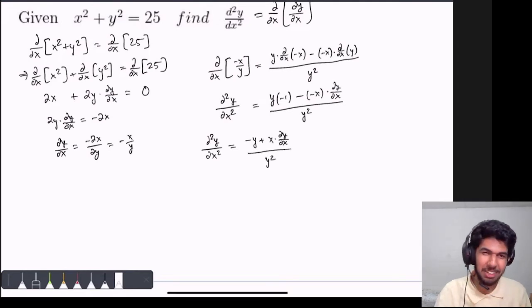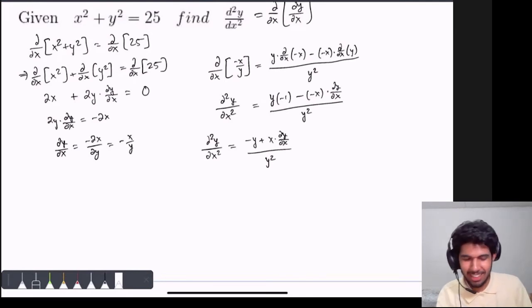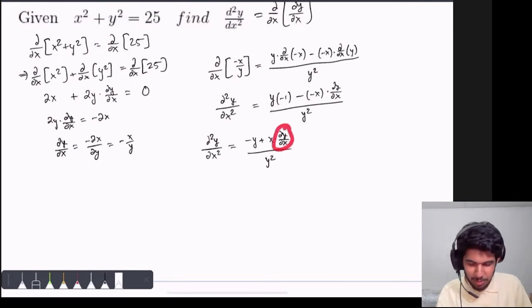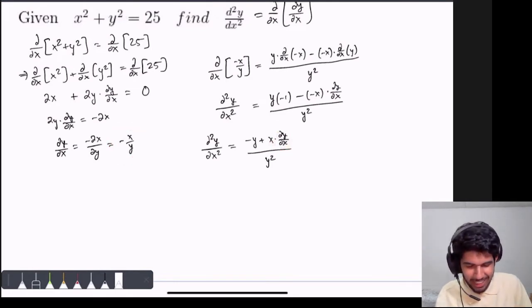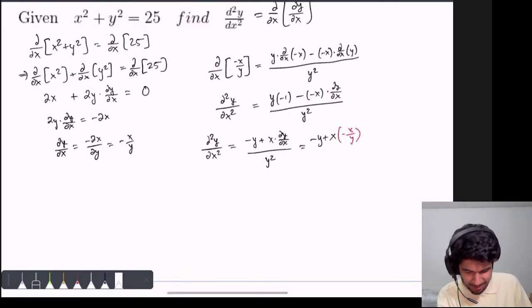And you might think that we're done and we're so close to being done, but this is something that I always forgot to do. This dy/dx, we've already computed that to be negative x over y, so we have to substitute that in. So this is negative y plus x times negative x over y, so many variables, all over y squared.